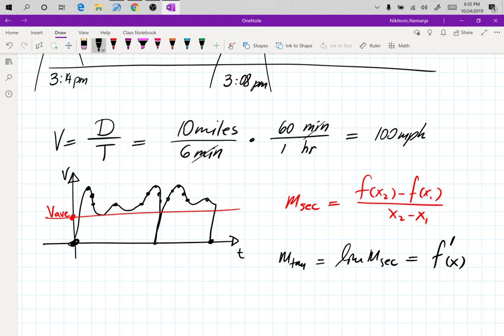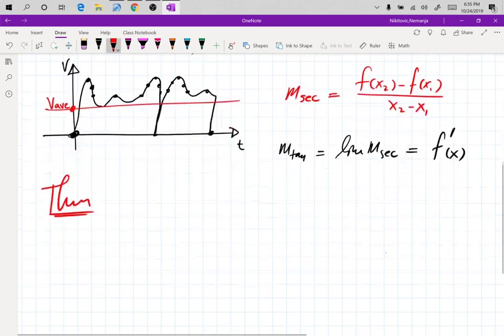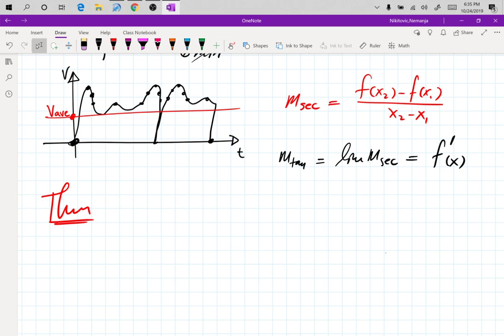Hopefully by now, this is lecture number 3 that talks about it, or maybe 4, the difference between average and instantaneous. Now what we want to learn is, it's not a definition, it's a theorem. We want to learn the mean value theorem.